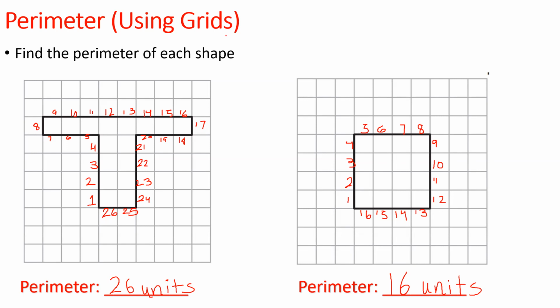All right. So quickly, Ajani, are you there? Yes, sir. What do we mean by the area of a shape? Not area, sorry. What do we mean by the perimeter of a shape?